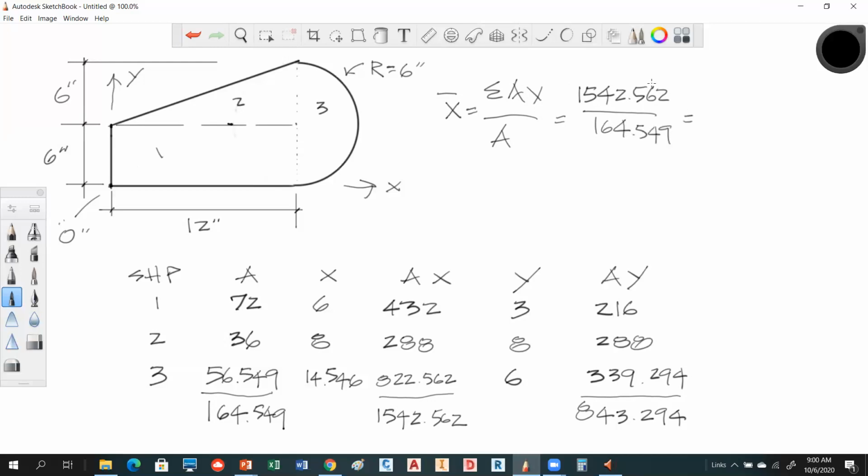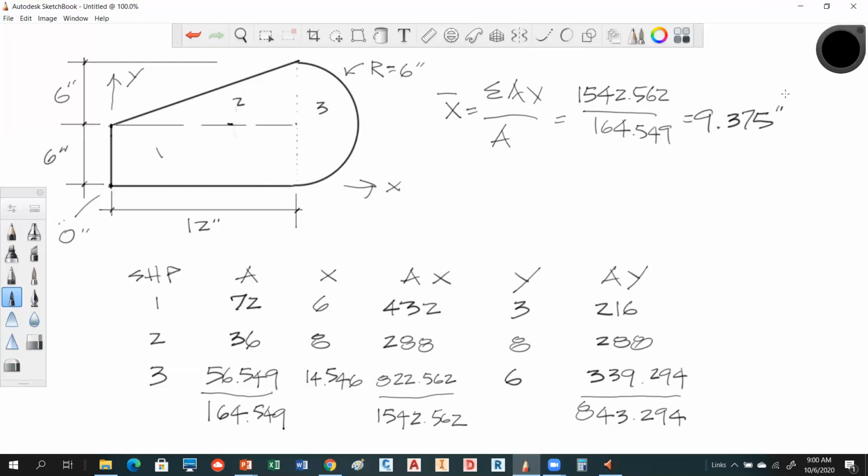So this is inches cubed, inches squared, and when we follow through with that, it will be inches, which is what we're after. What did you guys come up with? 9.375 inches. So what we got?